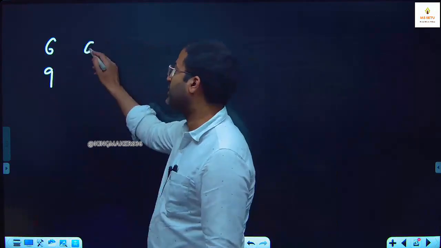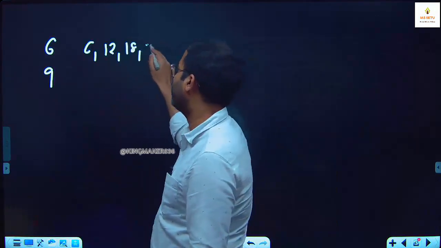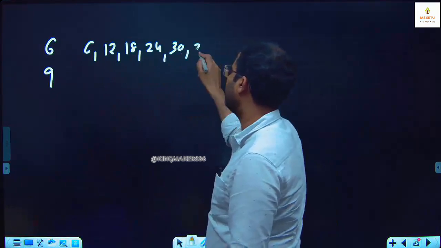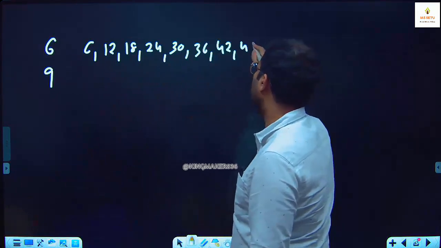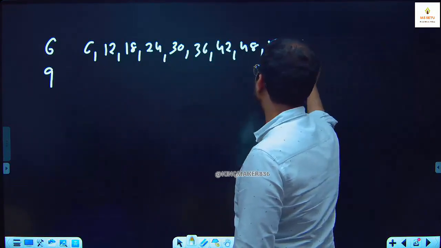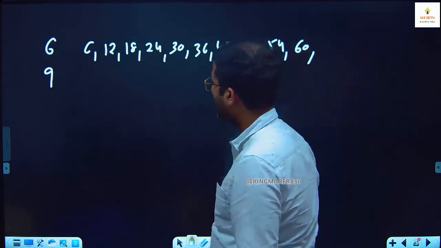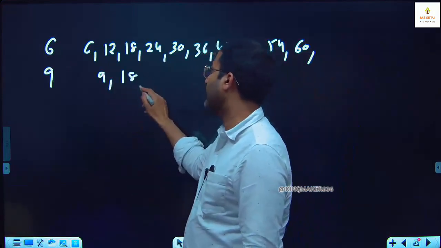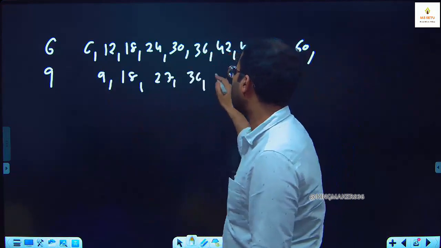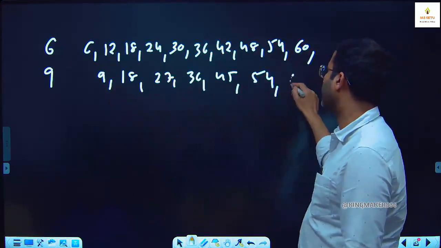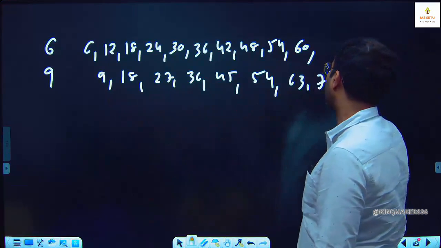Like I take an example, 6 and 9. What are the multiples of 6? 6, 12, 18, 24, 30, 36, 42, 48, 54, 60 and so on. What are the multiples of 9? 9, 18, 27, 36, 45, 54, 63, 72, 81.